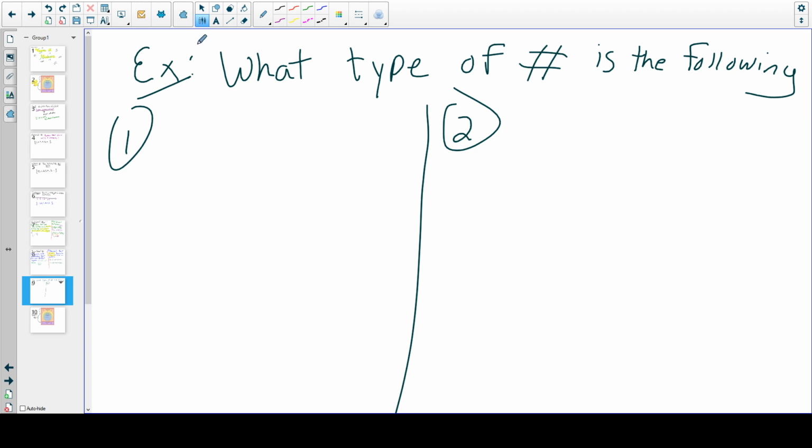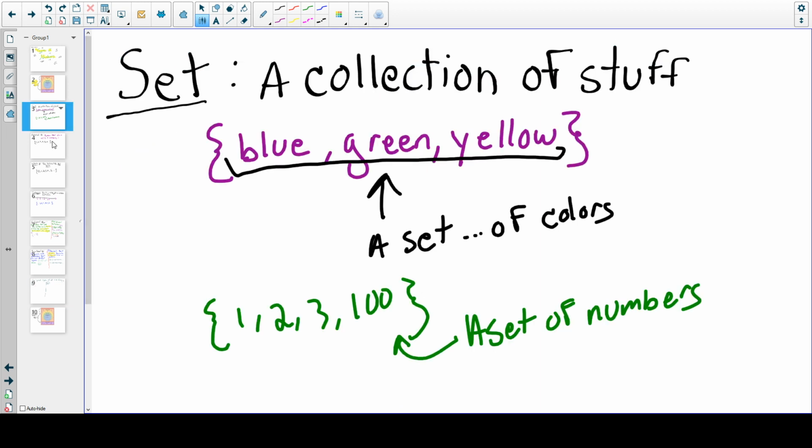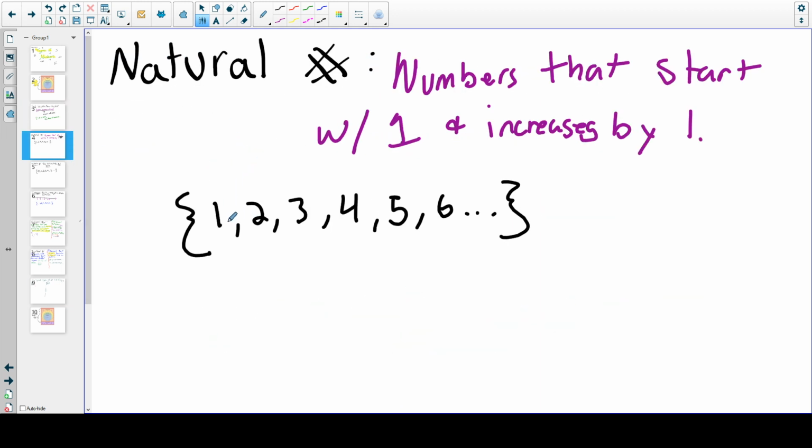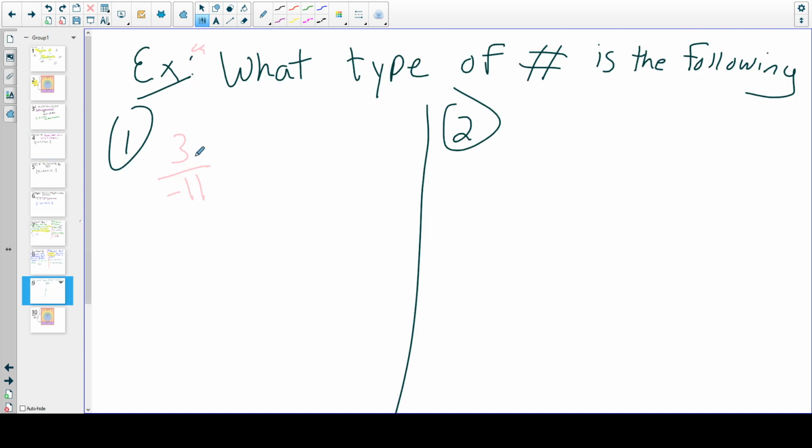Okay, let's use pink. So if I gave you 3 over negative 11, is it a natural number? 1, 2, 3, 4, 5, 6, 7, 8, 9, 10, so on and so forth. No, this is a fraction.